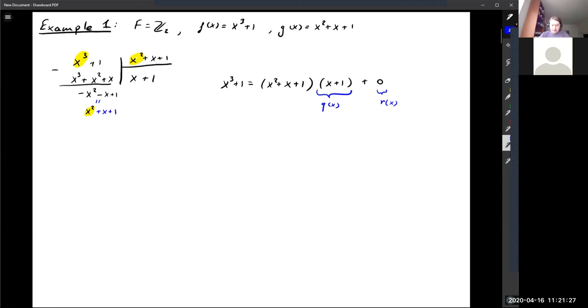Okay, so let's talk now about the corollaries of theorem 1, and there will be a bunch of them.